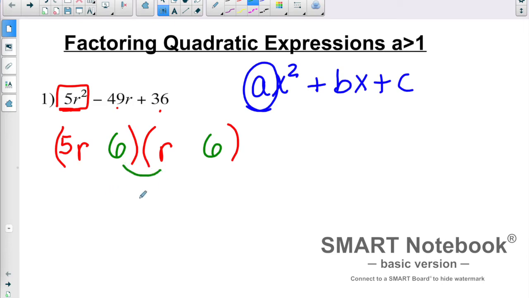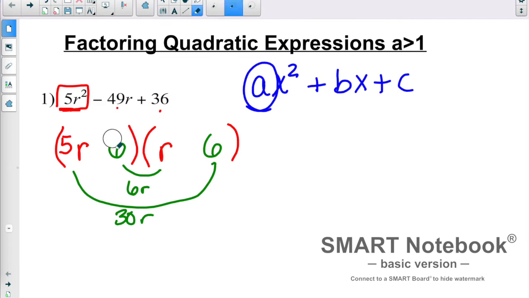If I check these answers by distributing, I know that 6 and 6 does not combine to give me 49, but I'm not worried about that because 6r comes from the middle section, but 5 times 6 is 30r, and combined together that gives me a 36r. Still not what we're looking for, but it gets me a little bit closer.